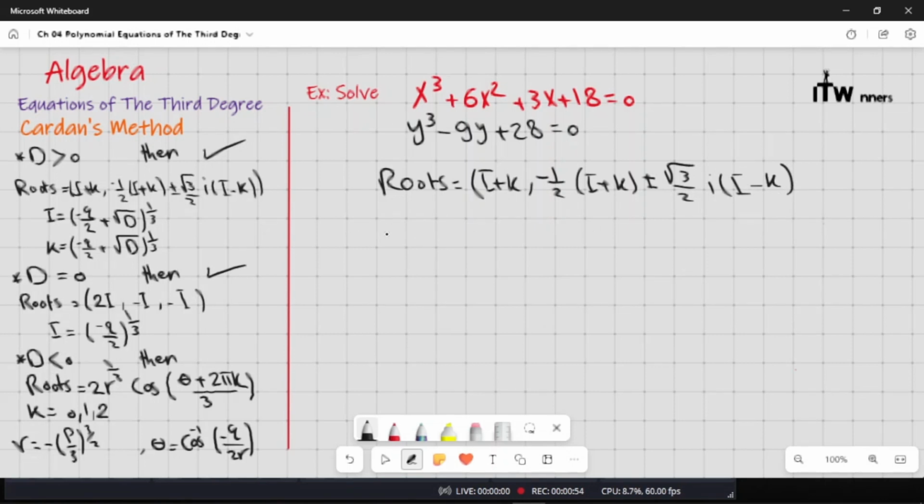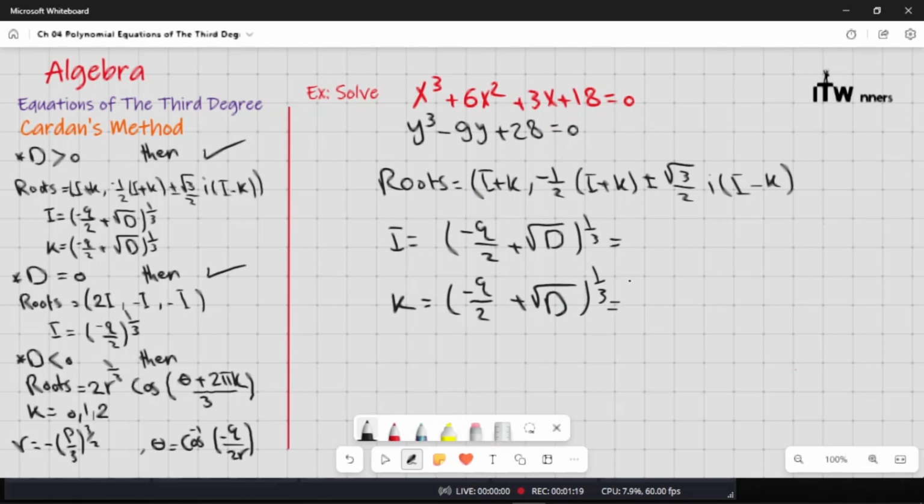Okay, and here we have I equal to the cube root of negative q by 2 plus the square root of d. Okay, and k equal to the cube root of negative q by 2 minus the square root of d.